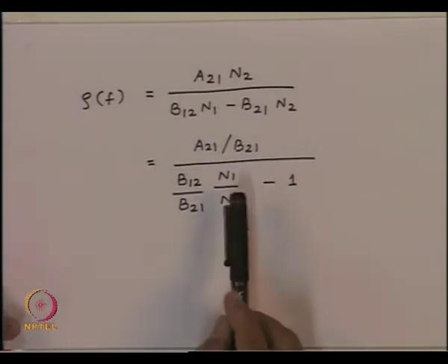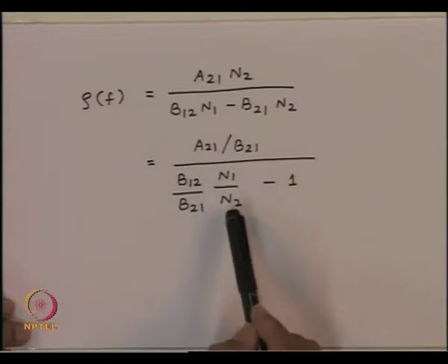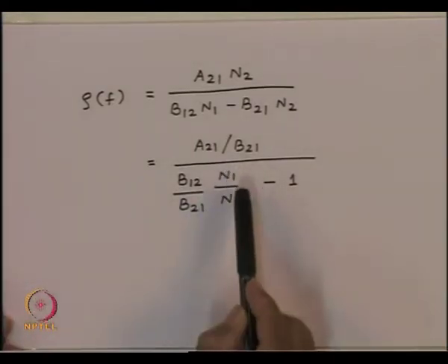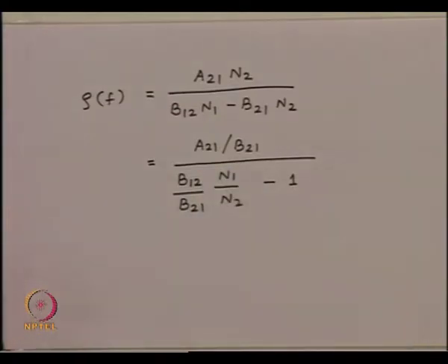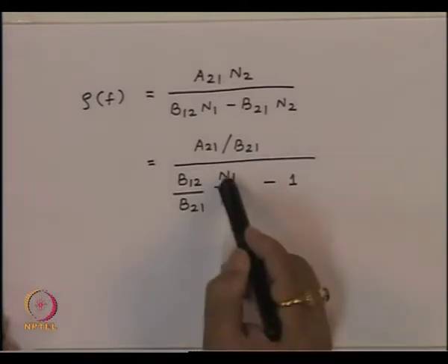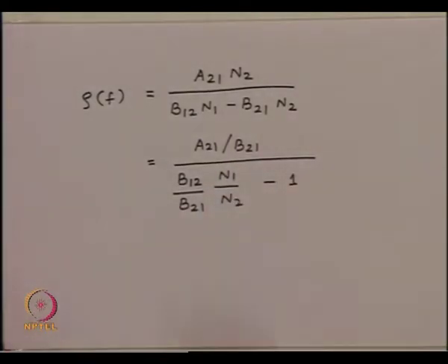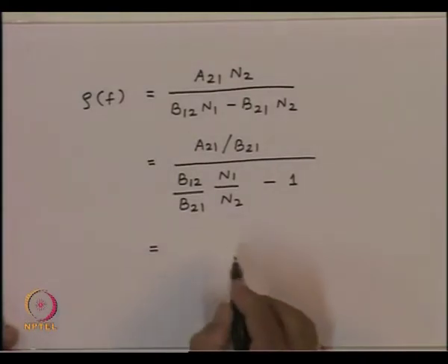Now, as we have seen, this ratio N1 upon N2, the ratio of the electron densities at the lower energy level and higher energy level, is given by the Boltzmann distribution. So, N1 upon N2 is e to the power hf upon kT. We can substitute this.